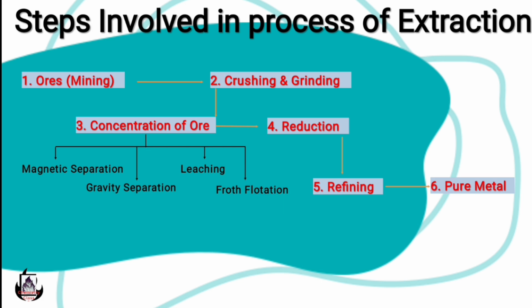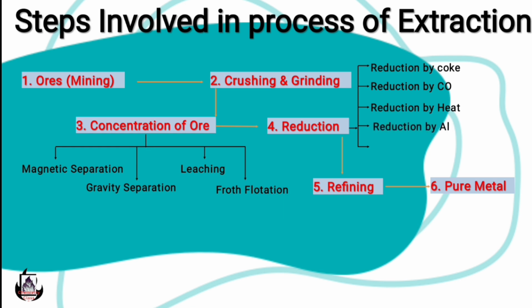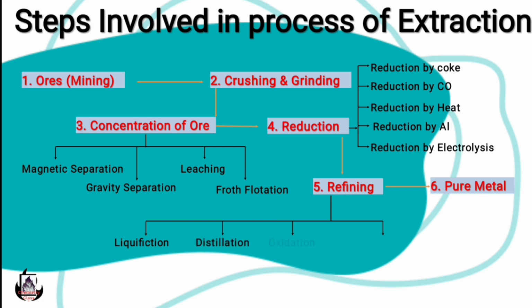The process of reduction is nothing but converting ore to metal, and it can be done by different methods, that is reduction by coke, reduction by carbon monoxide, by heat, by aluminium, and reduction by electrolysis. Refining is nothing but purification of metals, and it can be done by 4 different methods: liquefaction, distillation, oxidation, and electro refining.